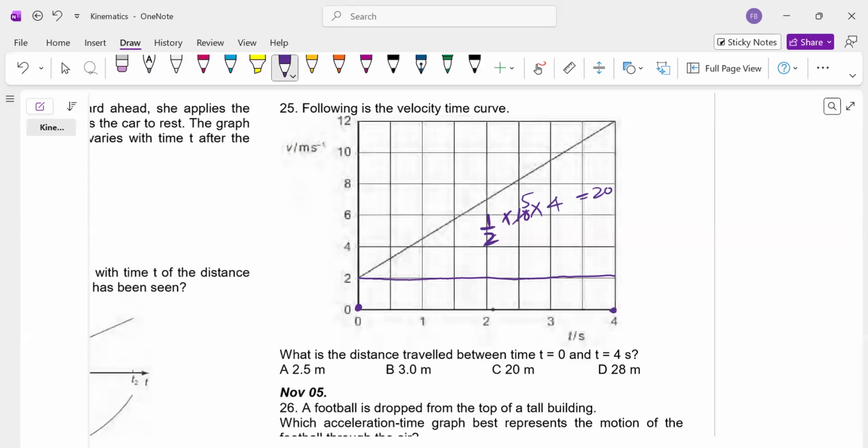And over here you have 2 into 4, which is 8. So 20 plus 8 will be 28. What's your answer? I got 28 meters per second.